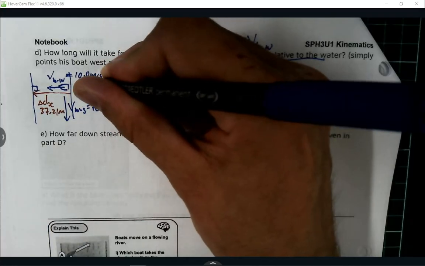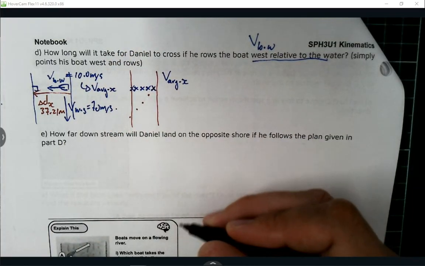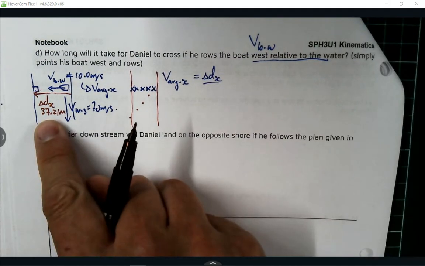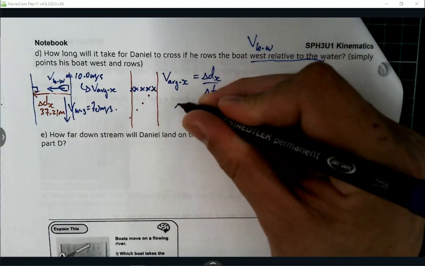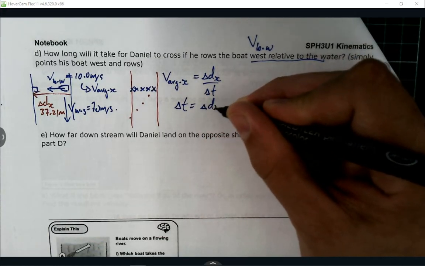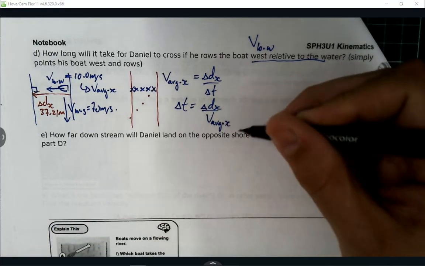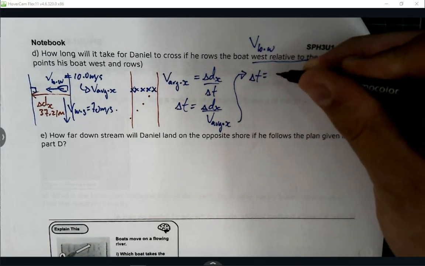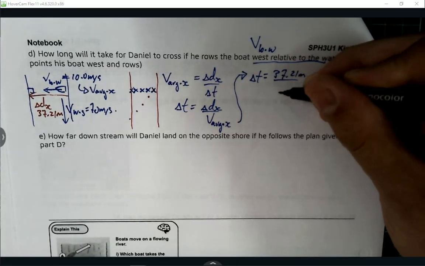We can say v average x in this situation is equal to delta d in the x direction, which is 37.21 meters, divided by delta t, the same isolation method as we had in part C, because it gives us delta t equals delta dx over v average x. We're just cross multiplying. And if we sub in our values, delta t equals 37.21 meters divided by 10 meters per second.